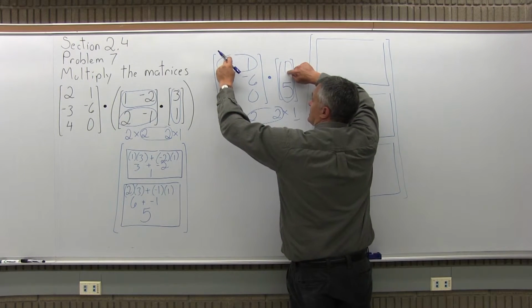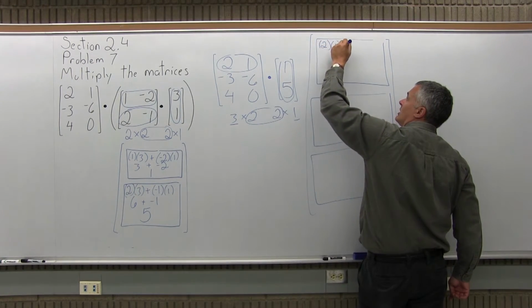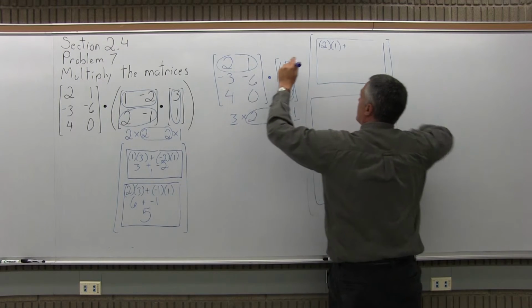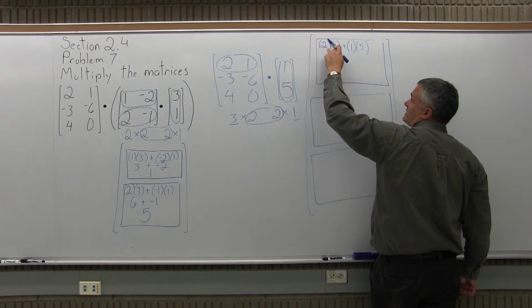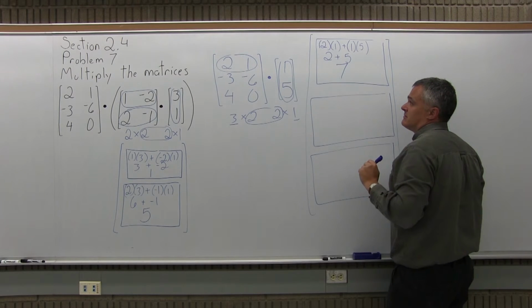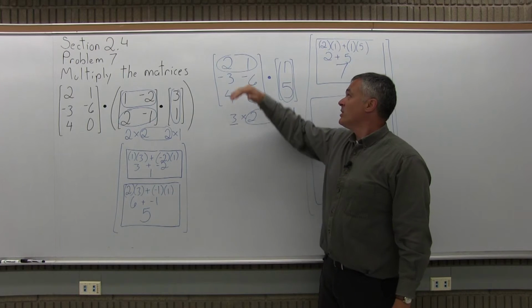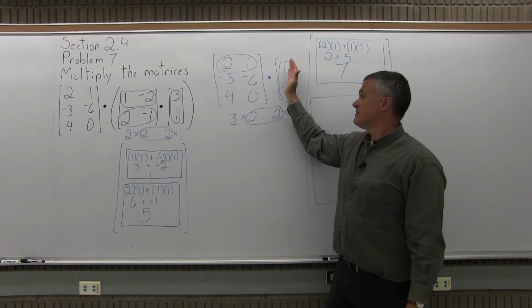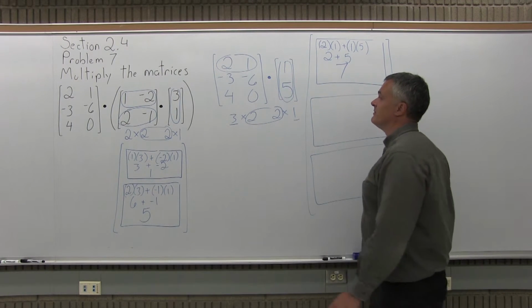First times first is 2 times 1, plus second times second is 1 times 5. 2 times 1 is 2, and 1 times 5 is 5. Then 2 plus 5 is 7. I put that answer of 7 in the top row and only column of my solution.